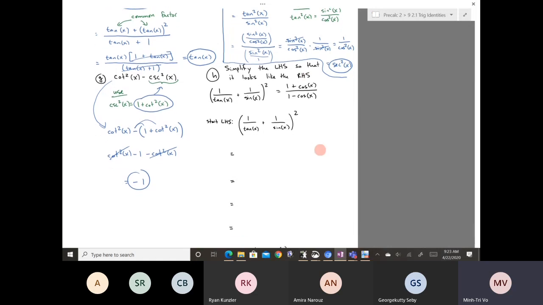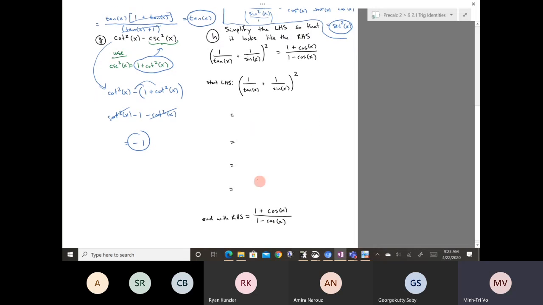And the basic idea is to start from the left-hand side, which typically will be the more complicated thing, and apply a series of either identities or simplifications, and then the final result should look like the right-hand side.